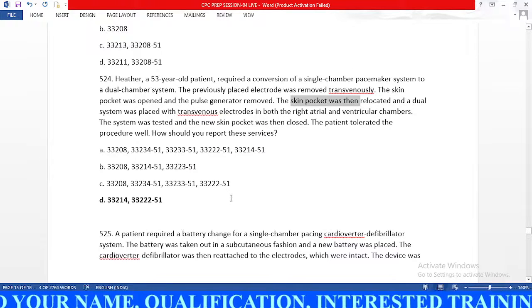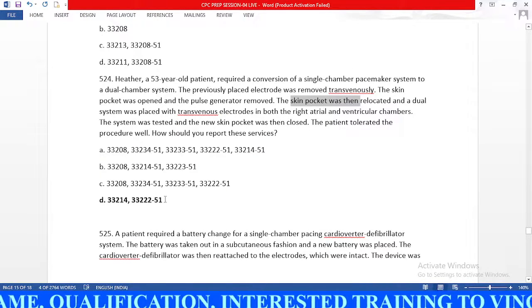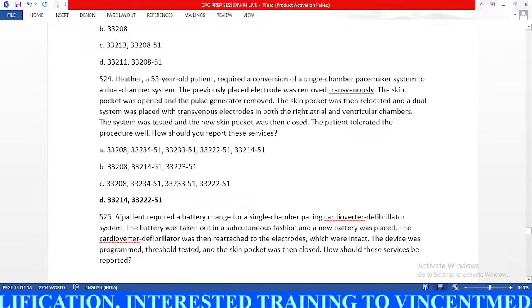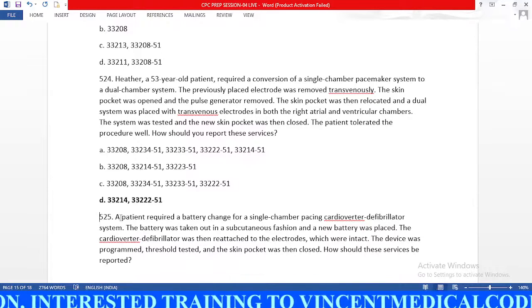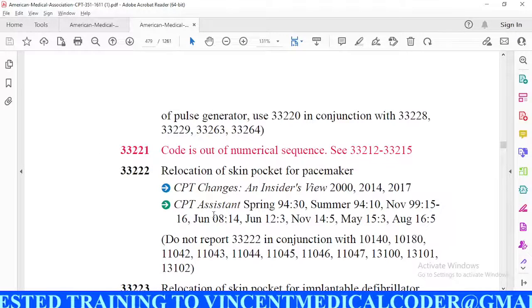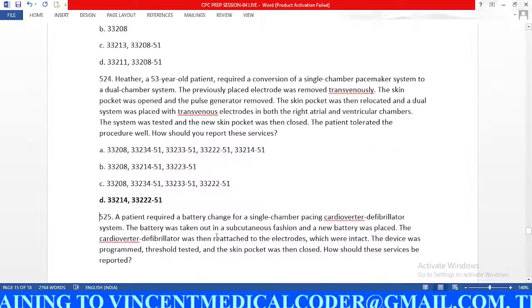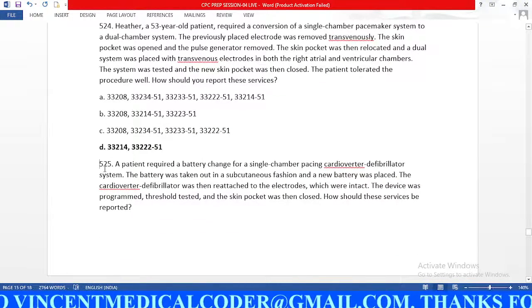So here we need to write skin pocket relocation also, and we need to append the 51 modifier. As the physician has performed two procedures at the same time at the same location, we need to use the 51 modifier. As it is not an add-on code, we can add the 51 modifier. So next one we can select or discuss.